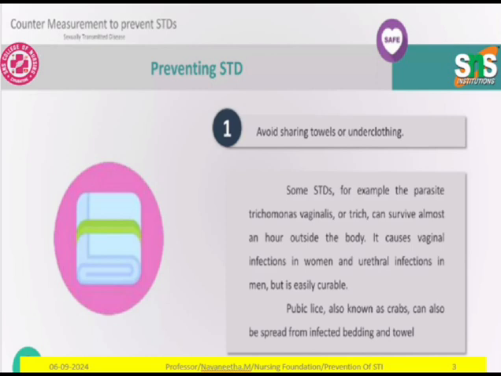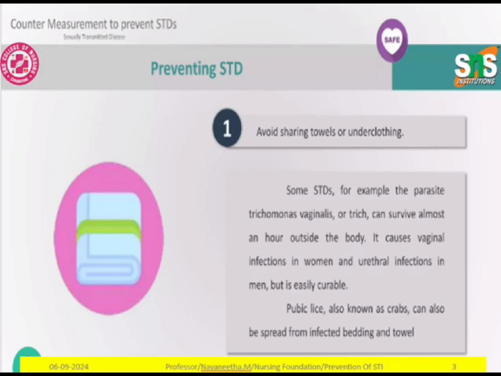When you have discharge, redness, or itching, you have to see the doctor early and go for the proper test to find what type of infection it is. Based on that you have to take antibiotics.